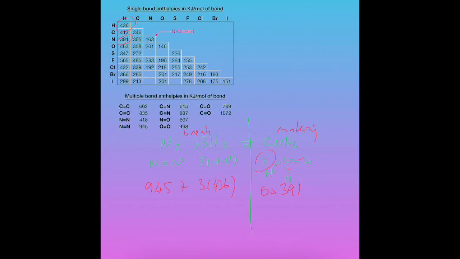Okay, so you can put in the next step if you want. So that's going to be 2253 take away 2346. You could get a mark for it on the paper, just do it. And that works out at minus 93 kilojoules per mole. Breaking, take away, making.